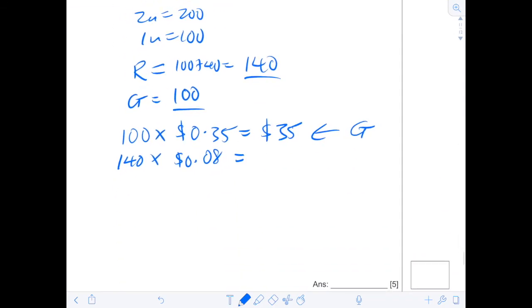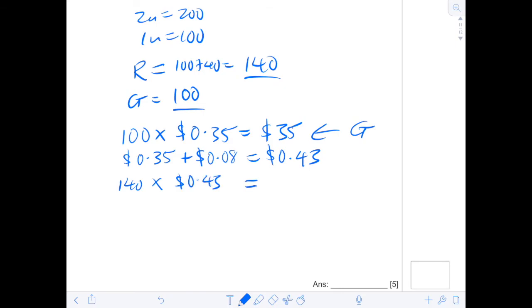So here we missed out a step. The step being, got to find the cost of each red apple first. So it's 35 cents plus, since each were 8 cents more, you get 43 cents. Okay, so from here you can take the 140 multiply by the 43 cents and you will get $60.20. All this you can press calculator because it's paper 2.